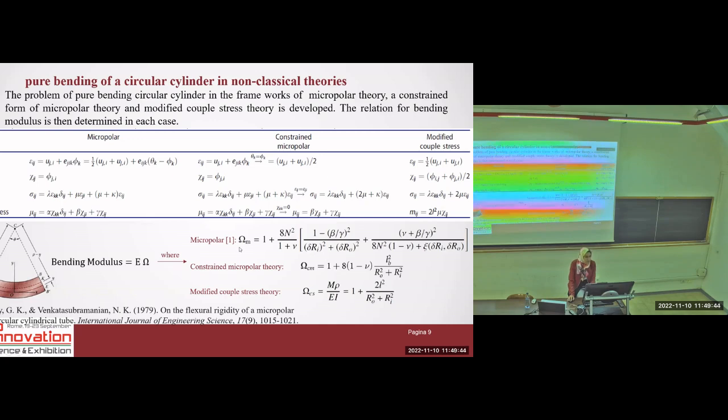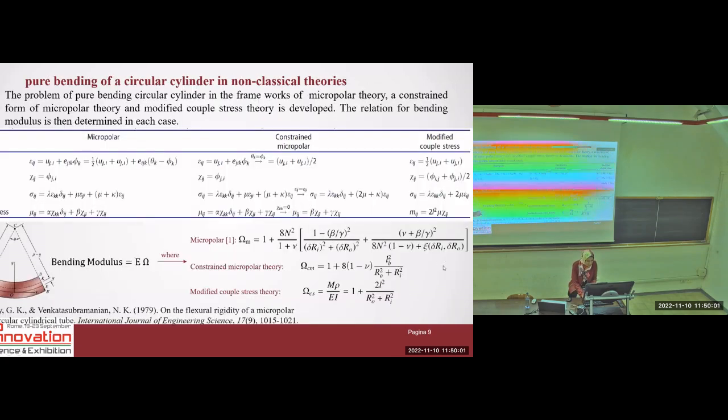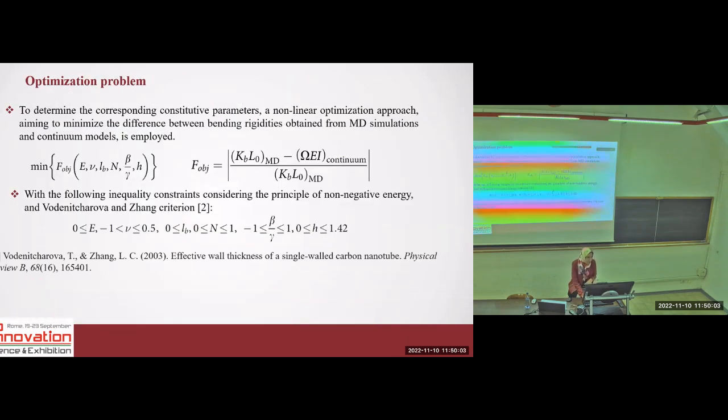It is very high when the diameter is small, and then it slowly goes to 1 as the diameter increases. We have the same shape here, and that's why we thought that micropolar theory can be a good candidate to describe this behavior.